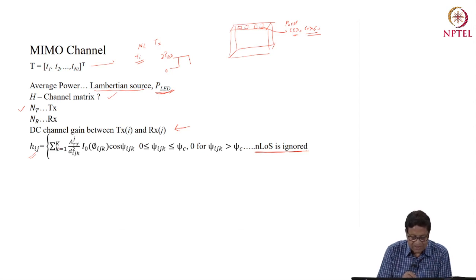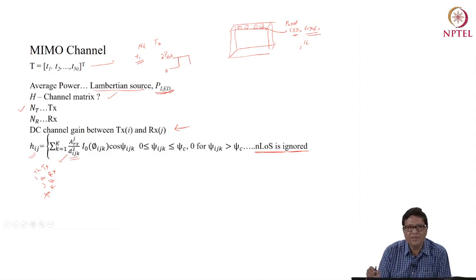And AJRX is the receiver collection area for the jth receiver. And D square IJK actually is the distance between ith transmitter and jth receiver for the kth LED. As I told you, there are many LEDs, 60 cross 60.